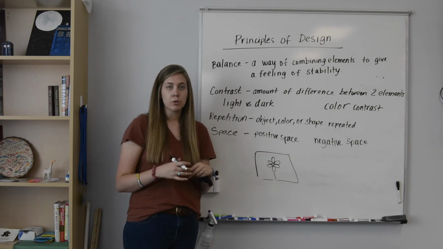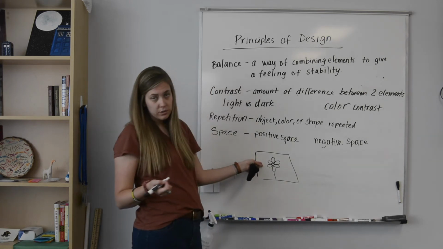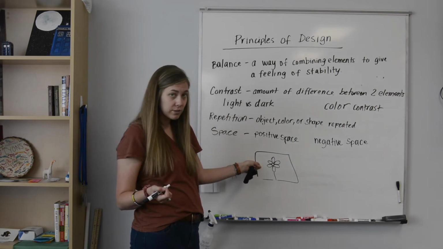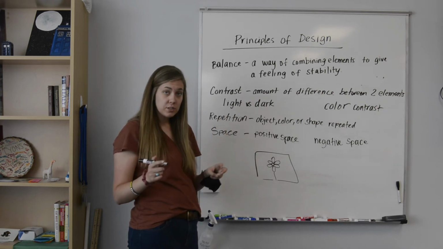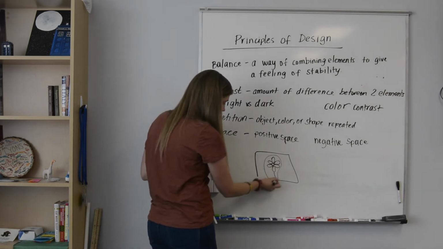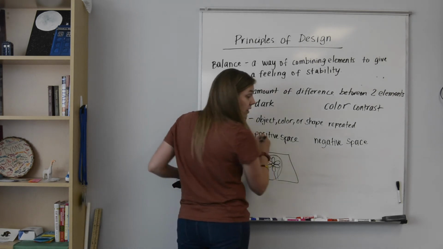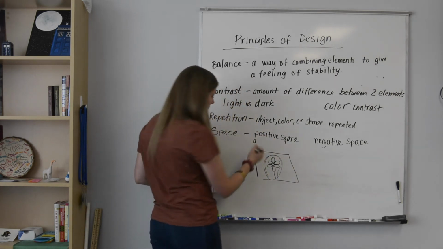It's the part of the photo that you're wanting to draw attention to. So in this drawing of a pretend photograph of a flower, the positive space is the actual flower. Just this. This is the positive space. So positive space is the area of interest or detail.